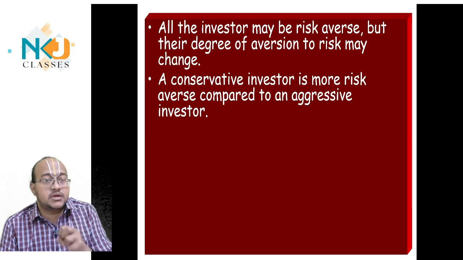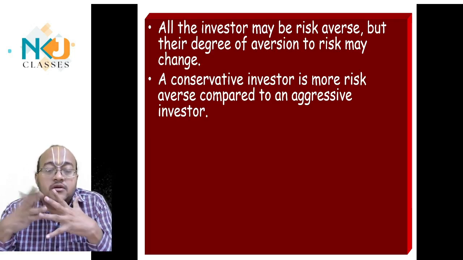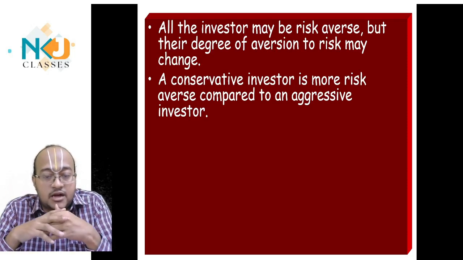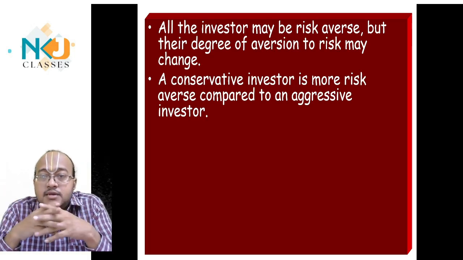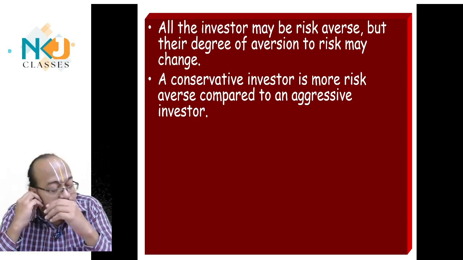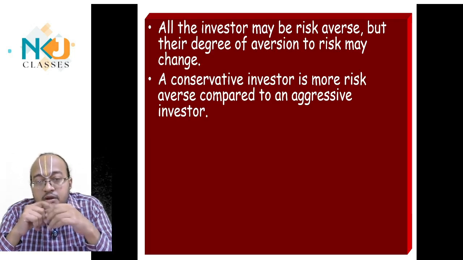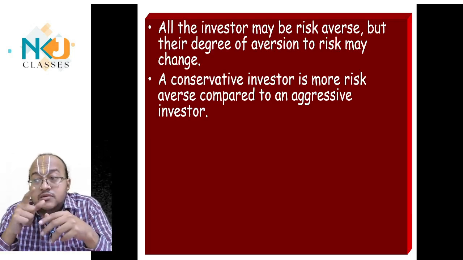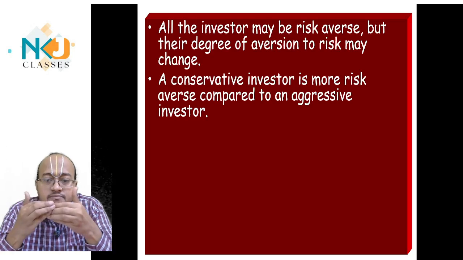The takeaway is that, yes, if you offer a higher return, they may get lured. Are you understanding? Even a conservative person will be willing to take risk. If you say that 10% risk will earn 20% return, but if you take 20% risk you will earn 60% return, they will obviously agree, because it is more than double.